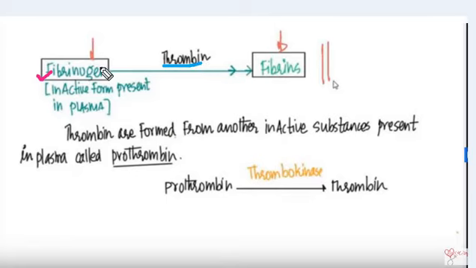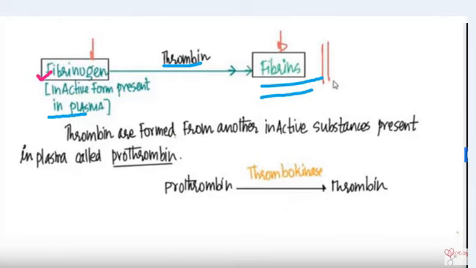In the presence of thrombin, fibrinogen is converted into fibrins, and these fibrins are the network of threads in which blood cells and formed elements of blood are trapped, as I have just discussed by drawing a diagram.